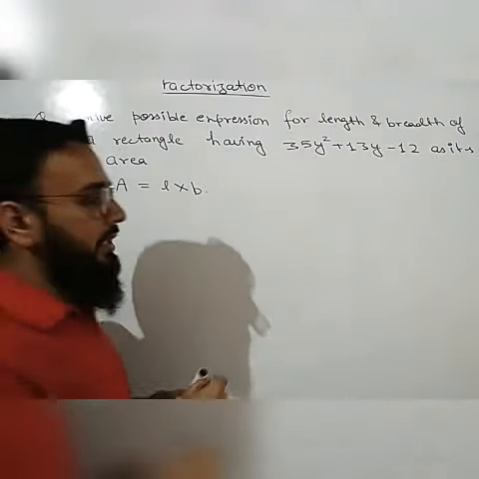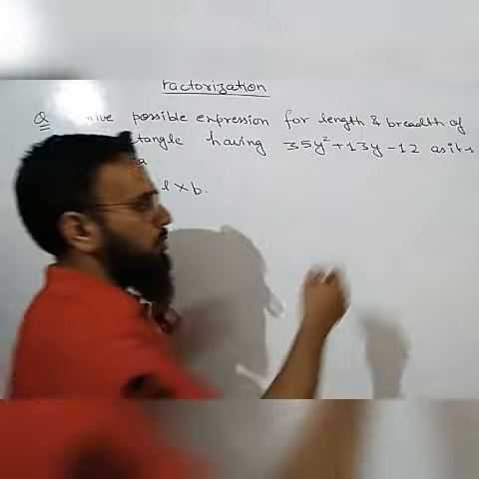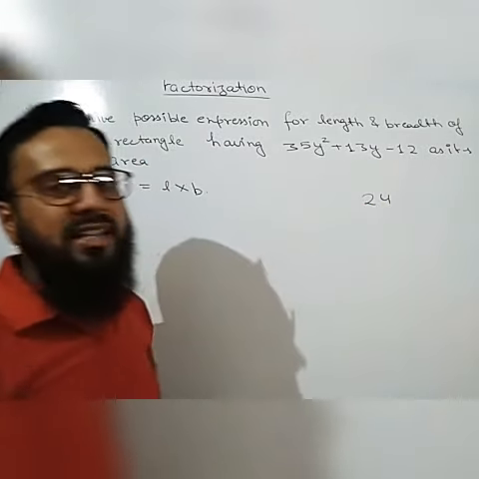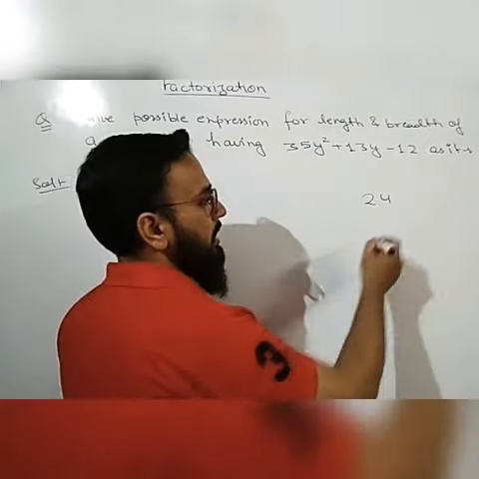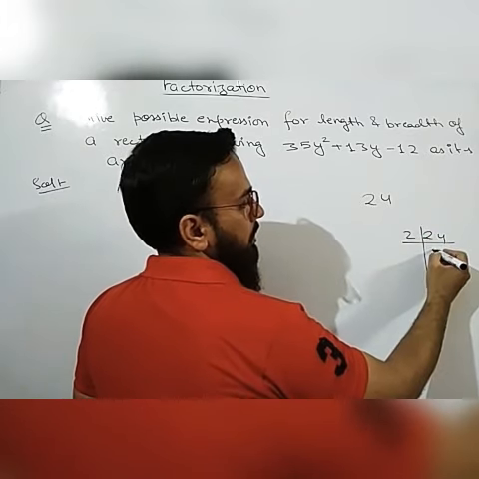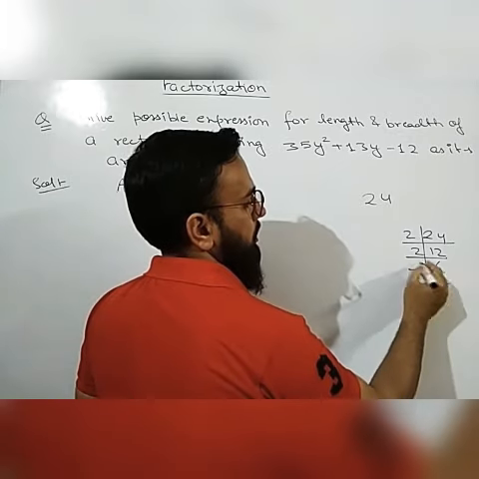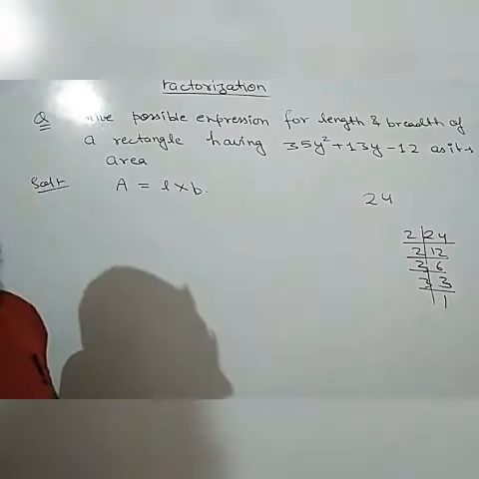If you talk about area in terms of number, suppose the area of rectangle is 24, then what can be the possible expression for length and width? If we factorize this 24, we will get 2, 12, 2, 6, 3, 2, 3 and 3, 1. So what can be the possible expression?